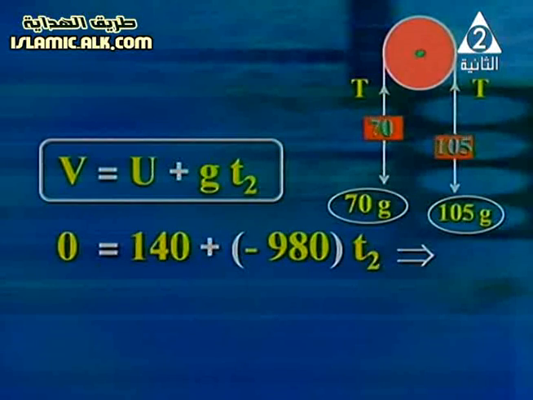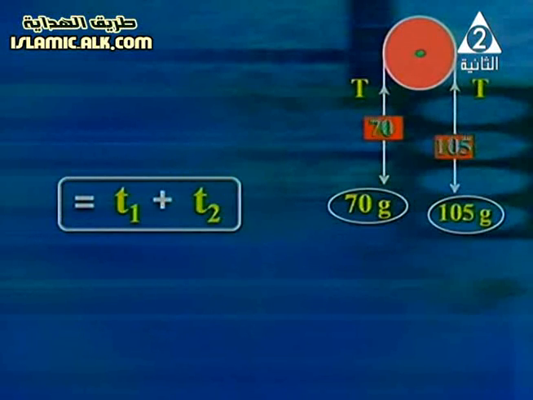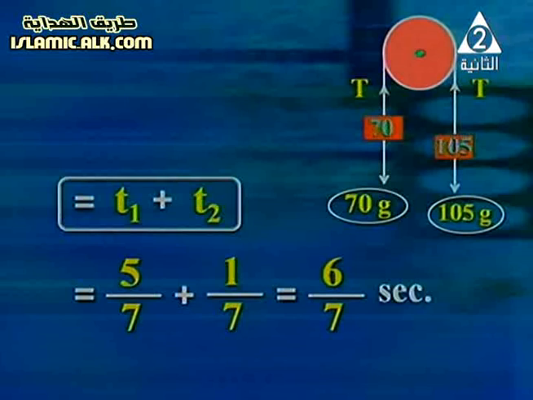Then 0 equals 140, this 140 being the velocity of the system, plus negative 980, the direction of acceleration, times t2. Then t2 equals 1 over 7 seconds. After that, we find the total time T of the system: 5 over 7 second plus 1 over 7 equals 6 over 7 seconds.